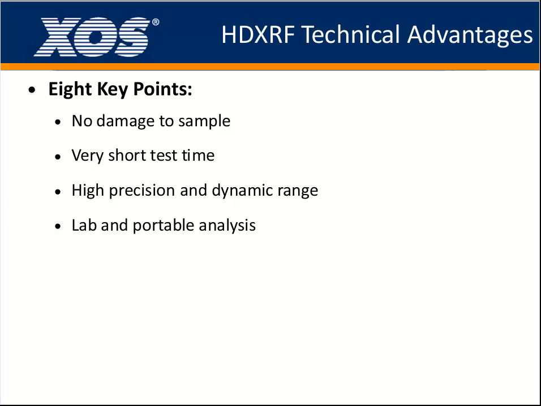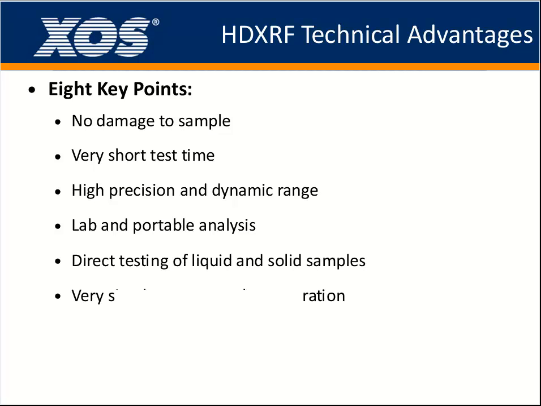And there are 8 key technical advantages of HDXRF. The first one is no damage to the sample. This will be especially useful for analyzing some precious samples, like precious metals, like a ring or necklace, such kind of thing. The second advantage of this technique is a very short test time.